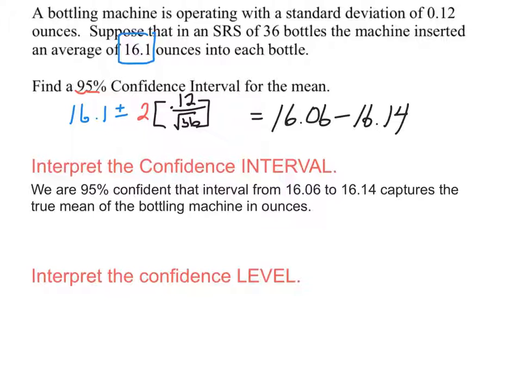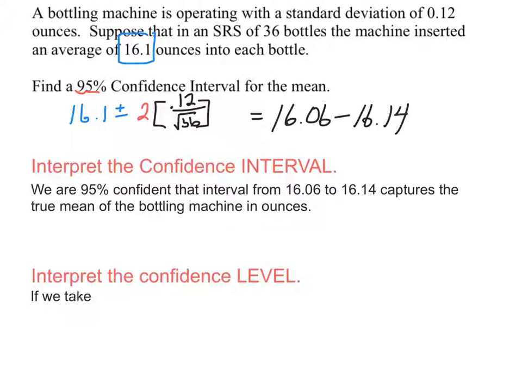Now, for a confidence level, again, we've got to remember our kind of fill in the blank sentence that we use. So for confidence level, our interpretation is this.